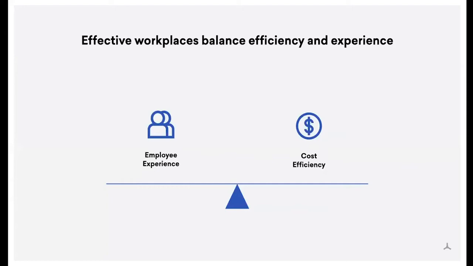And then on the right side here, we have cost efficiency, where at the end of the day, a lot of the people that we work with in workplaces are reporting to the CFO, or if they are reporting to the COO, there's still this mindset of what is the ROI, what is the benefit to any of the decisions that we're making in the workplace today.